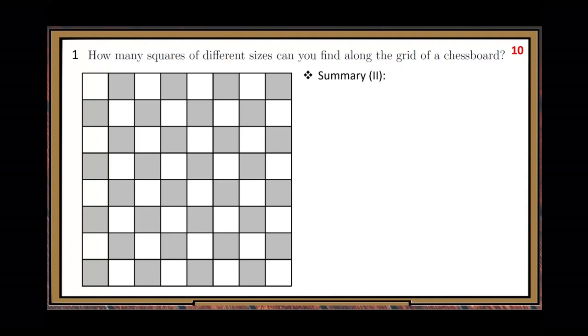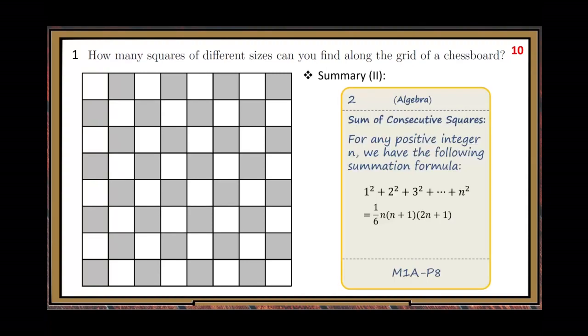Then the second knowledge point, sum of consecutive squares. Here is the formula I just used in the previous slide: 1 square plus 2 square plus 3 square plus up to n square equals 1/6 times n times n plus 1 times 2n plus 1.